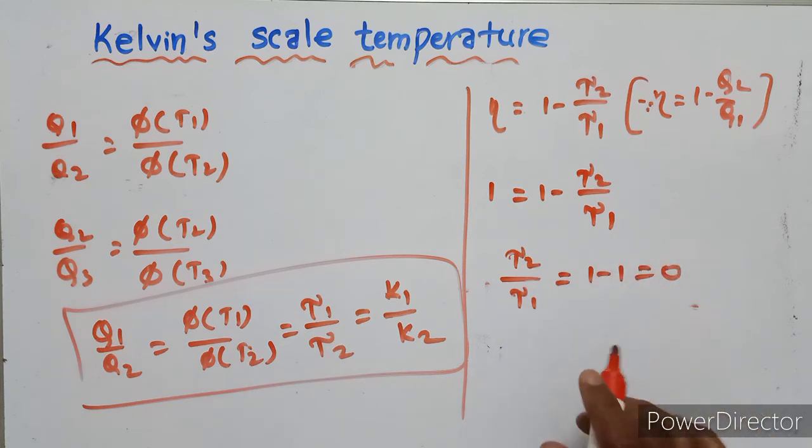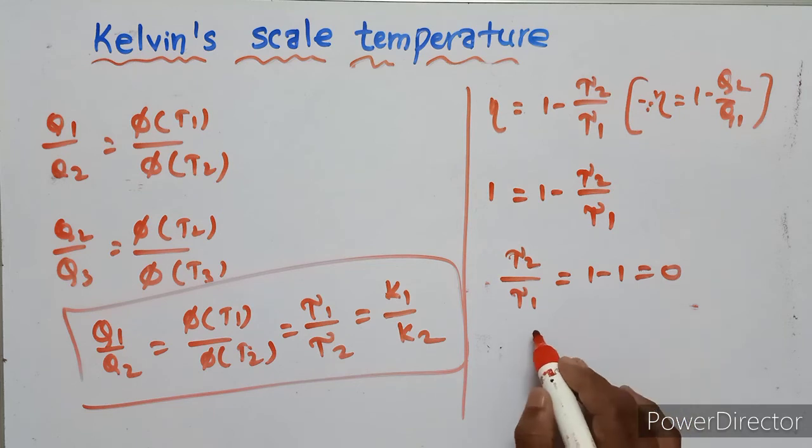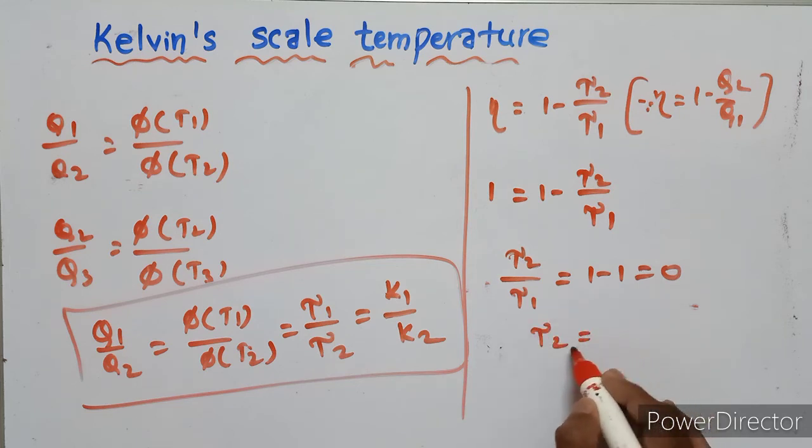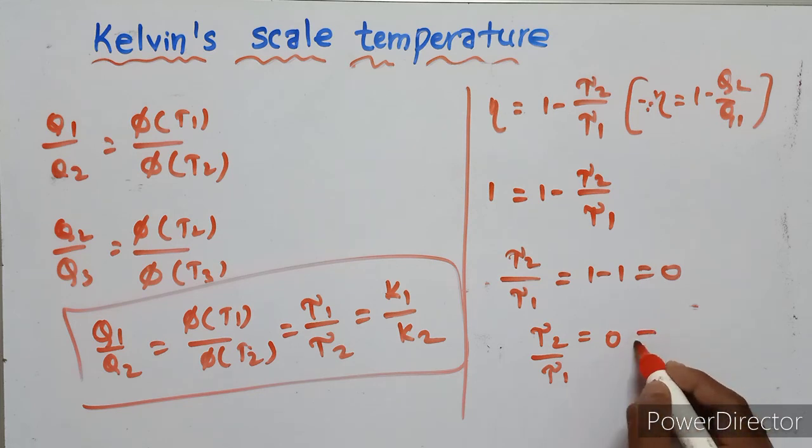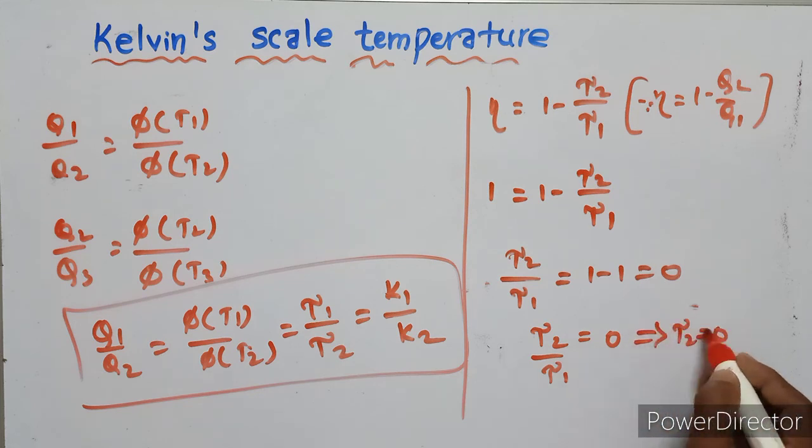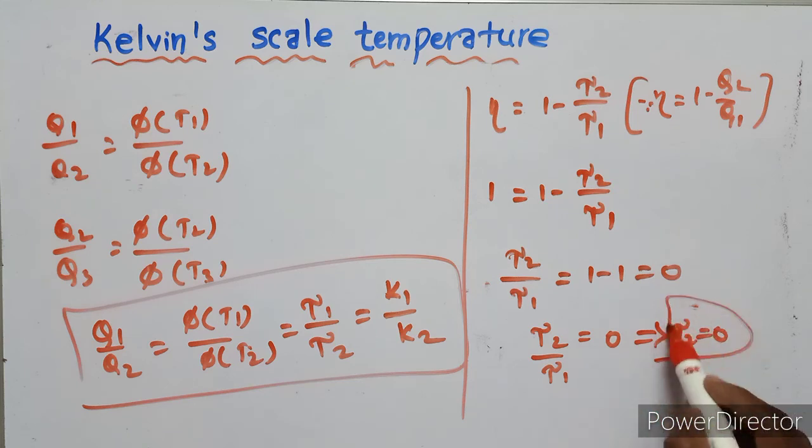Here tau 2 upon tau 1 is equal to 0, because tau 1 is not 0, since if the denominator is 0, that is infinity. So here tau 2 is 0. This is the temperature of the sink, the absolute zero temperature.